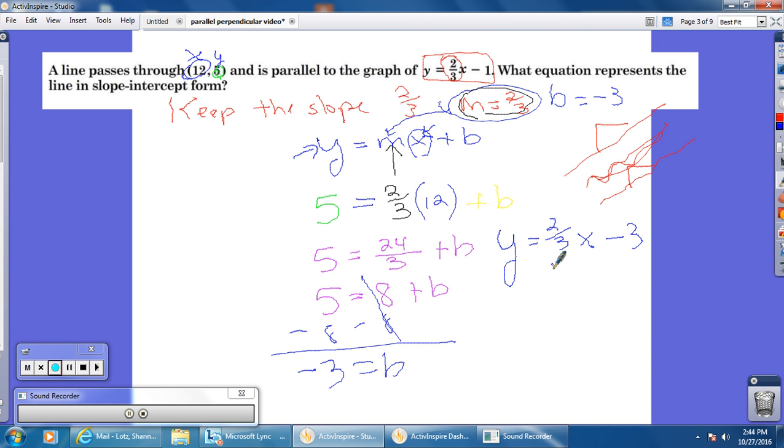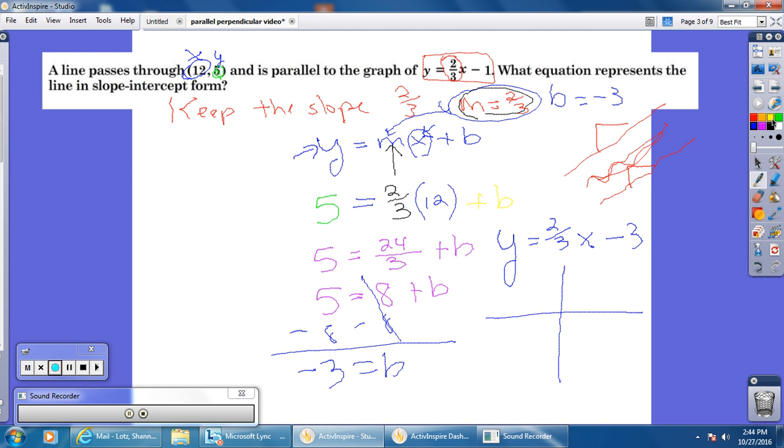So if you graph these, and I'm going to graph them real quick, this one here starts at -1, so I'm going to go to -1, and it has a slope of +2 over +3. So I'm going to go up 2 and over 3.